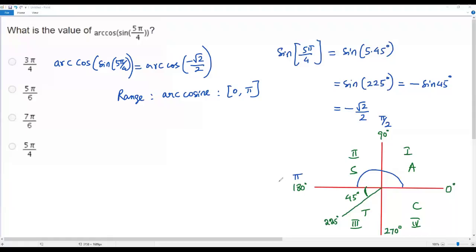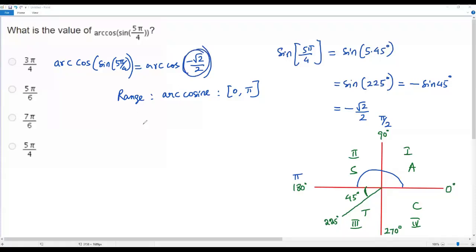To get the angle measure in the second quadrant, first I have to get the angle measure for the positive value in the first quadrant. That is called the reference angle. Usually the reference angle is an acute angle from 0 to 90 degrees, and you can get the reference angle only for positive values.